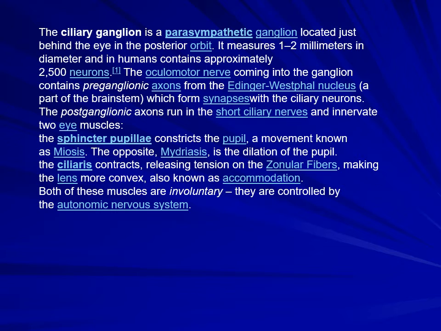Preganglionic fibers come from the Edinger-Westphal nucleus, which is an accessory nucleus of the third cranial nerve, then relay in the ciliary ganglion, then come out as postganglionic fibers passing with the short ciliary nerves and innervating the sphincter pupillae muscle and the ciliary muscle.